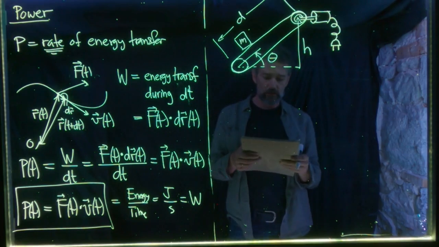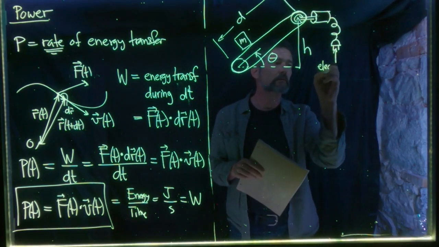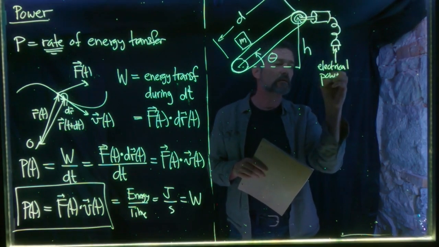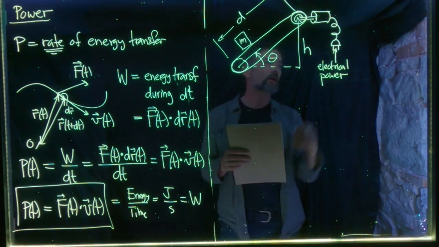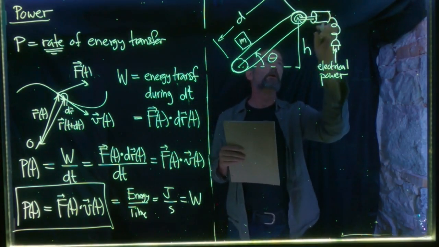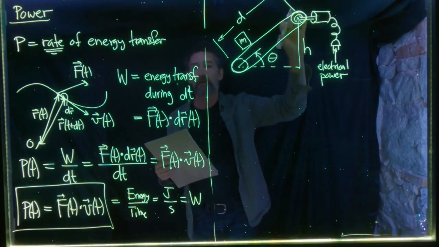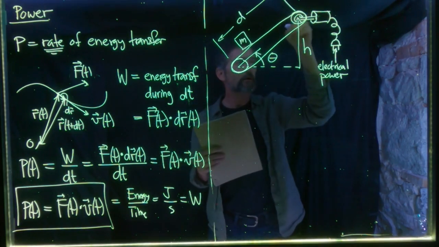So basically we are putting electrical power in here, measured in watts, so and so many joules per second. This motor is converting that electrical power into mechanical power, which means there's a torque, a twisting force on this drum.